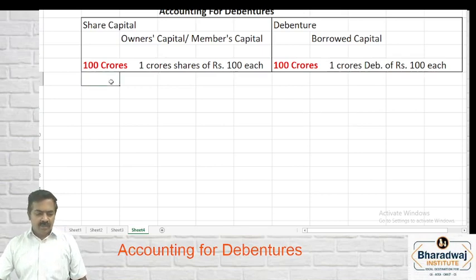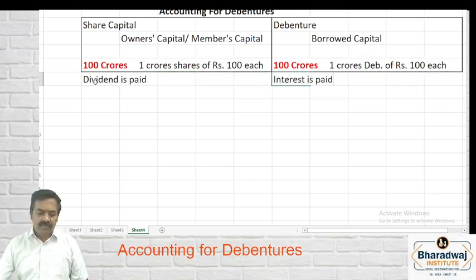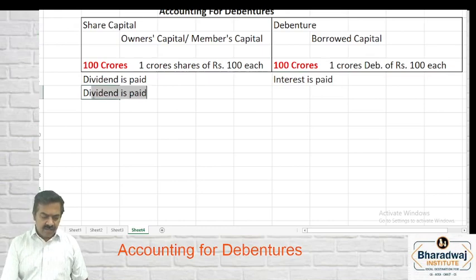For shareholders, dividend is paid. For debenture holders, interest is paid. Dividend is an appropriation of profit.